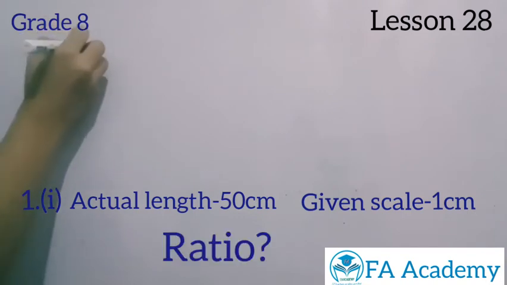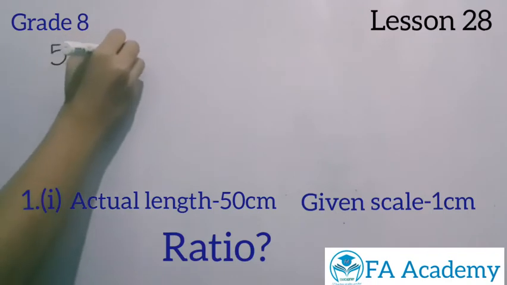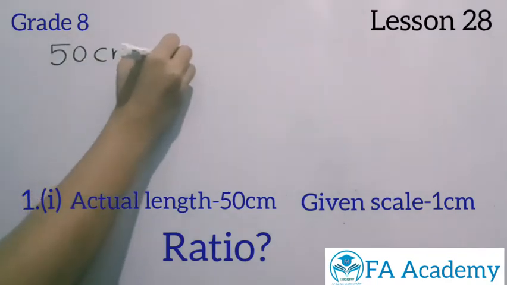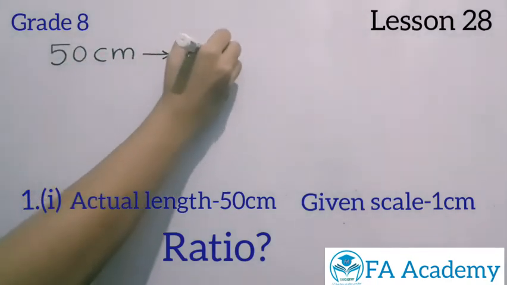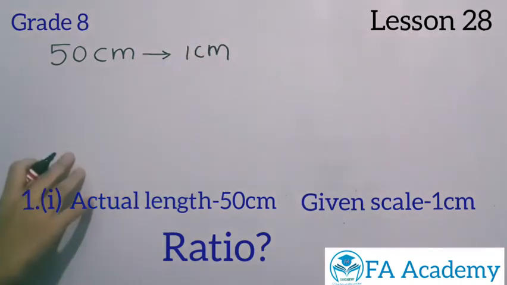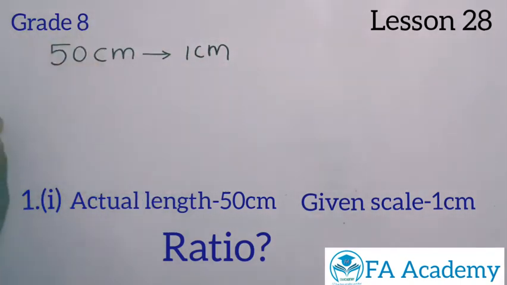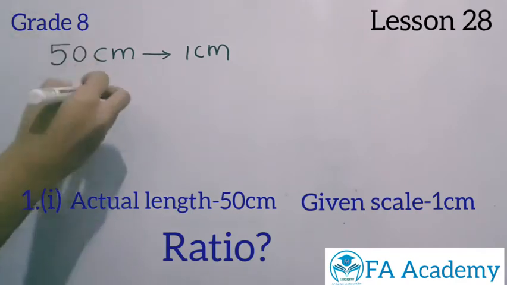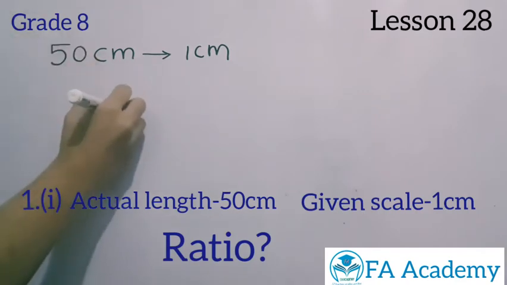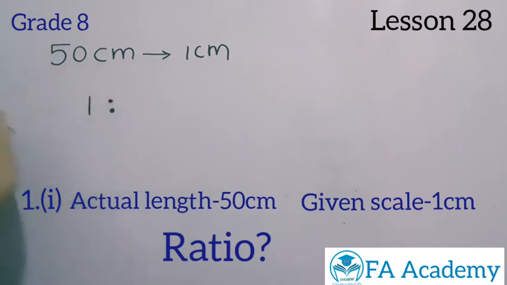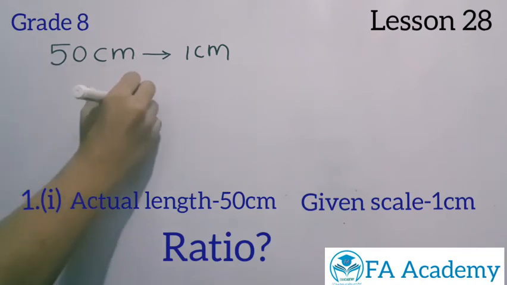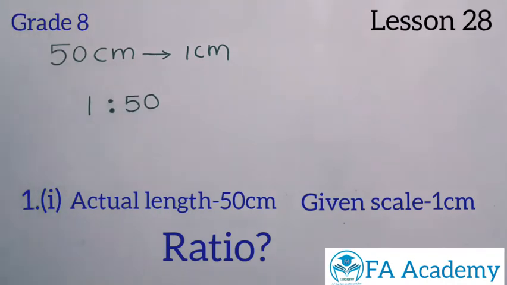So if they have given 50 centimeters to represent by 1 centimeter scale, what you have to do is, every time the actual scale should be after the ratio mark. So you have to write 1 to 50 ratio. Understood?